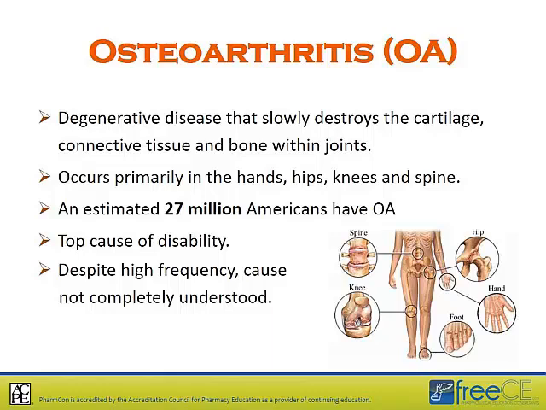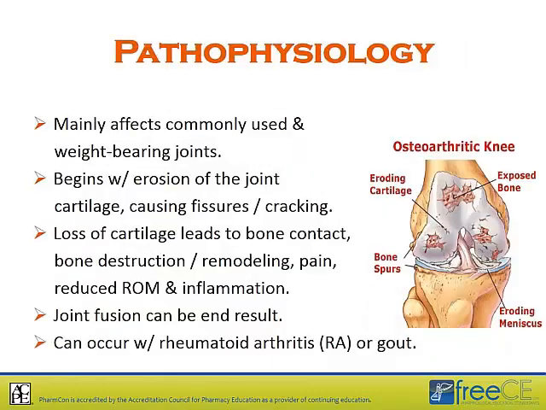The hand, of course, the foot, in particular the big toe, as mentioned, and also the knee, which is technically a synovial joint, but it's not a ball and socket joint, it's more of a hinge joint. OA mainly affects the commonly used and weight-bearing joints, such as the hip, low back, knee, as noted previously.